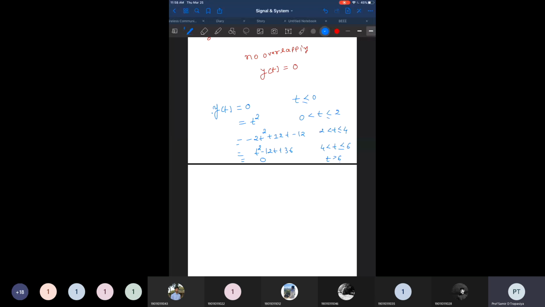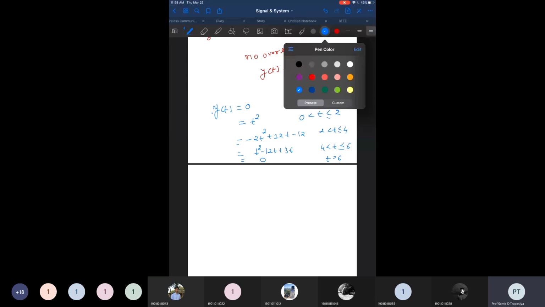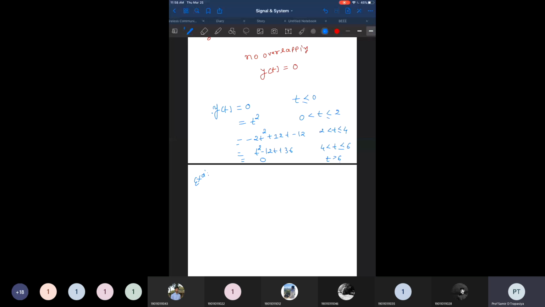The first part is how you define x of tau. Mathematically, x of tau is equal to 1 for all values of tau which lie between minus 1 to 1, and otherwise it is 0, so that is 0 elsewhere.